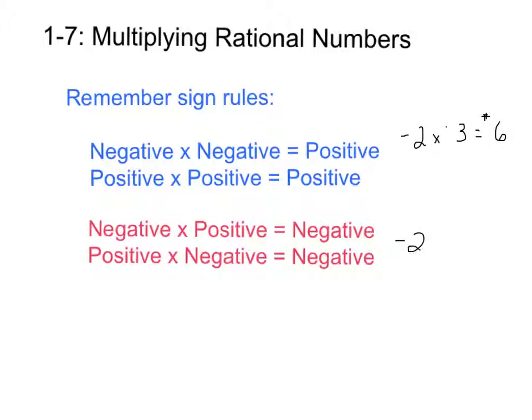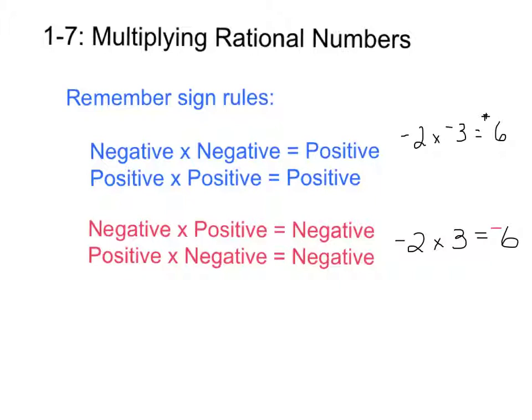Whereas if I have -2 times a positive 3, 2 times 3 is still going to give me 6, but because I only have this one negative sign, it's a negative times a positive, my answer is going to be -6. So basically, with these sign rules, it tells us what the sign will be for our answer, and then we're going to multiply like normal.